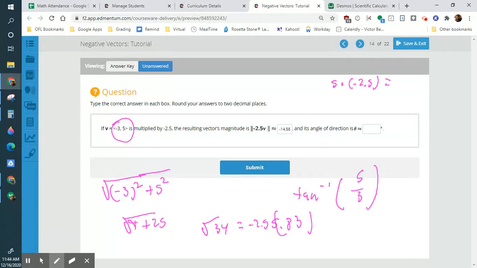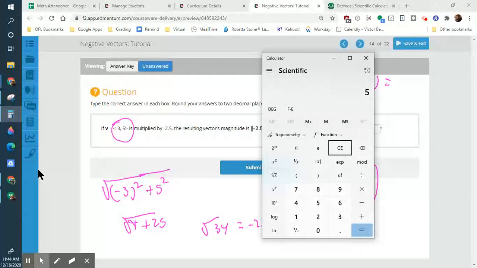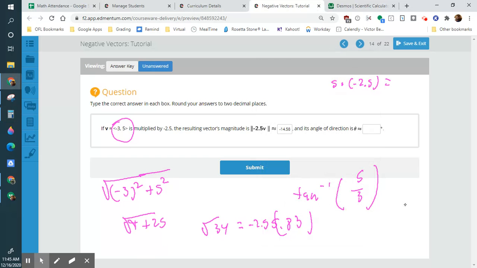When you take the test, hopefully they're a little bit better with the numbers. 5 times negative, oh, that's stupid. 5 times 2.5 is 12.25, negative 12.25.